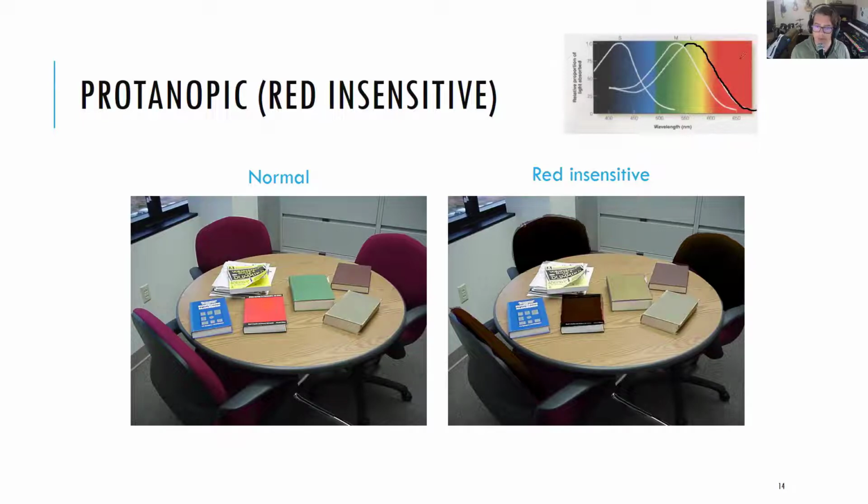Now, there is a part of the red spectrum, maybe about here, I'll just approximate. Everything over here no longer has a receptor that's giving you any input. If you're a protonopic, you're a protonope, this area of the spectrum does not have any cone cells that are going to be activated.